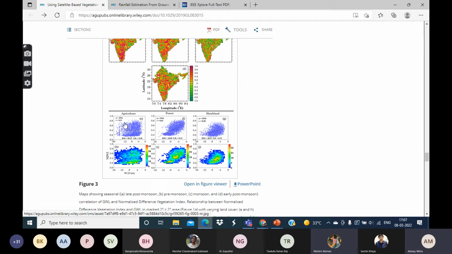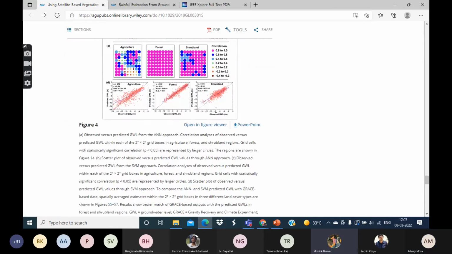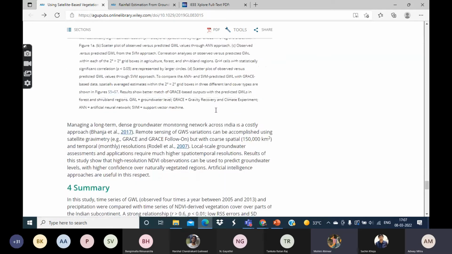Just like I said earlier, in places of agriculture, especially groundwater driven agriculture, there is very little correlation between NDVI and the groundwater level for reasons I already described. But in forested regions, this relation is quite strong. Similarly, in shrubland regions also it is reasonable. Based on this, they have done this study.